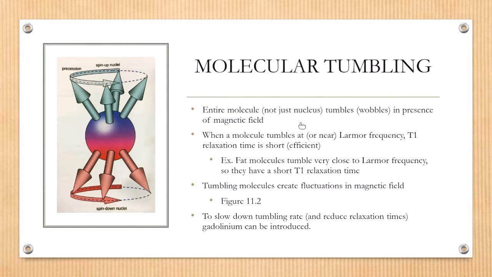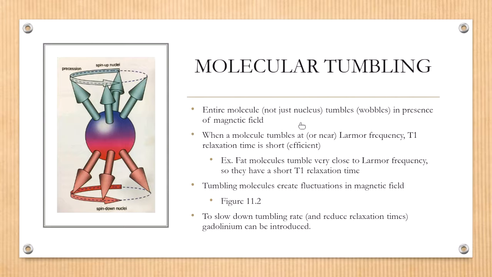Now, when a molecule tumbles at or near the Larmor frequency, then the T1 relaxation time of that molecule is going to be short or efficient. The best example of that, of course, is our fat molecules, which have a molecular tumbling rate that's very close to the Larmor frequency.